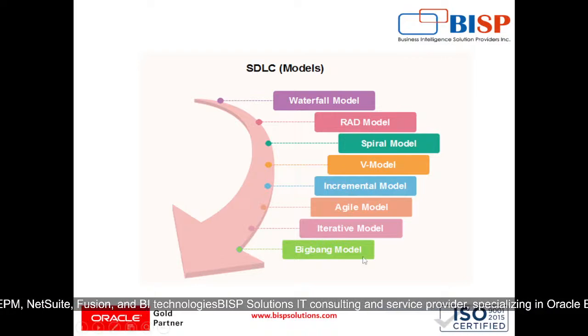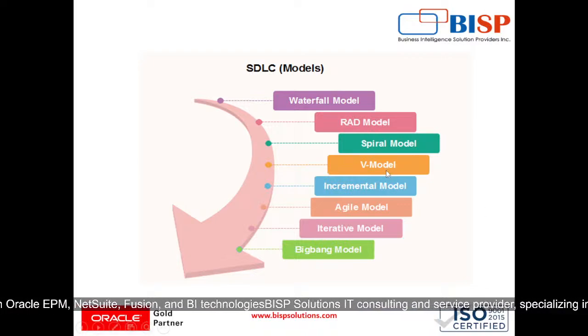Then comes our agile model, an iterative approach that delivers functionality in small increments. Its limitations are that it requires constant collaboration, which may be challenging for distributed teams. Also, scope creep can occur if changes are not well managed.